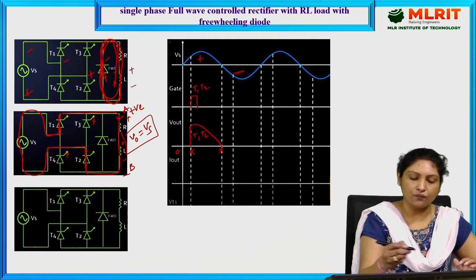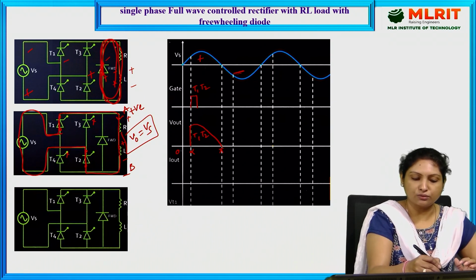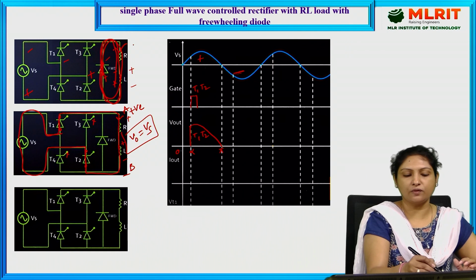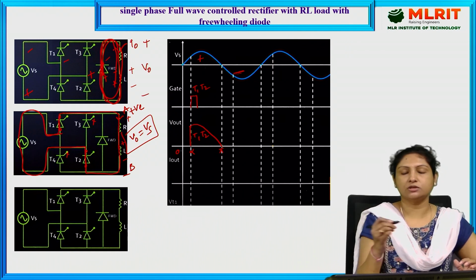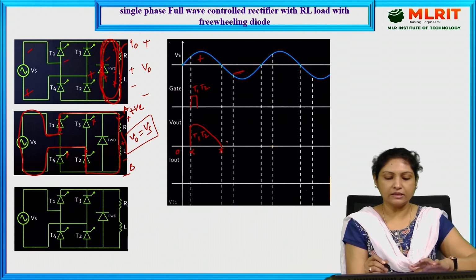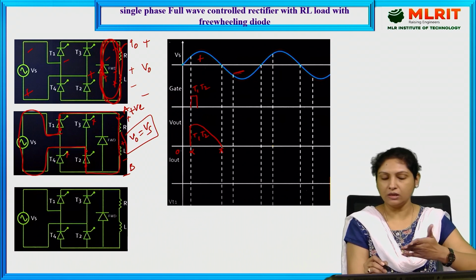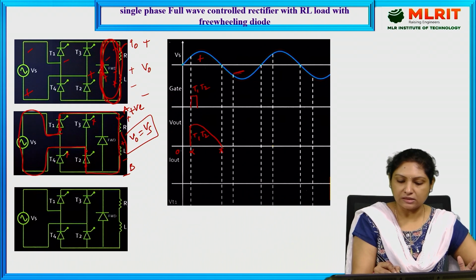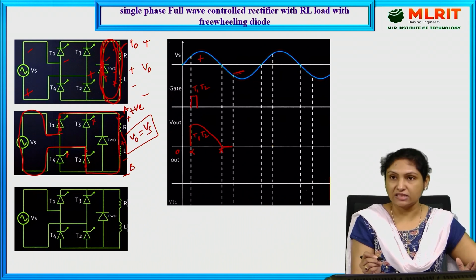There is continuity of current flow through the load, and we are getting the output voltage. So thyristors 1 and 2 will be turned off, and during this instant the freewheeling diode is conducting.